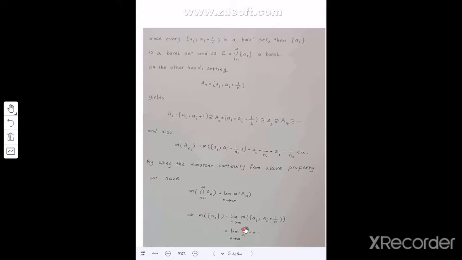M of this interval is the endpoint minus the first point, equal to 1 over n, and the limit of this sequence is equal to 0. So the Lebesgue measure of every set that has just one member is equal to 0.